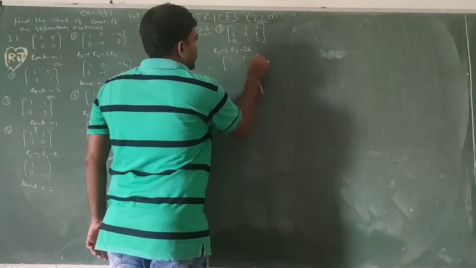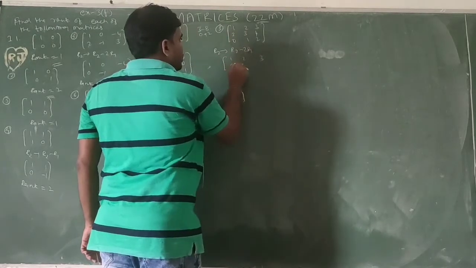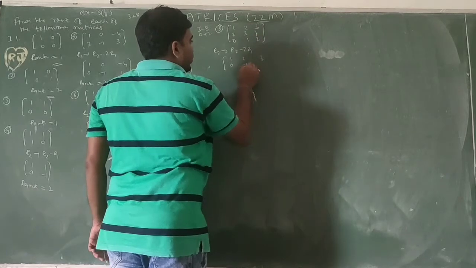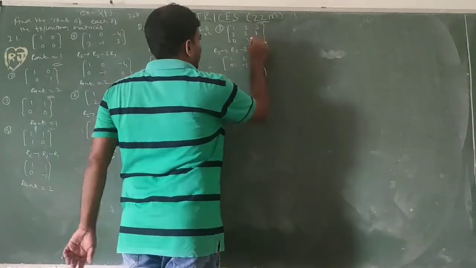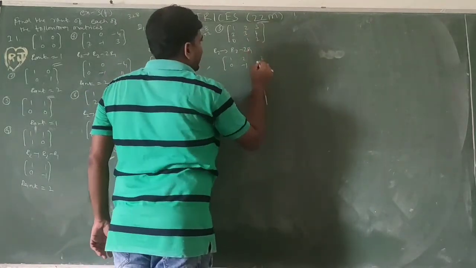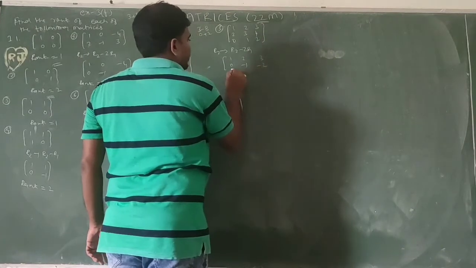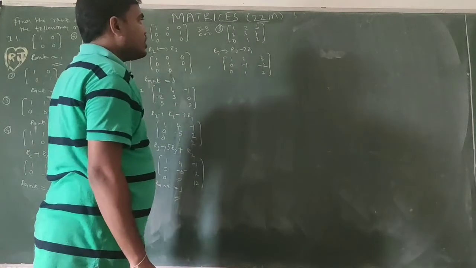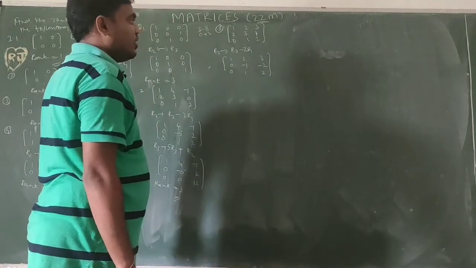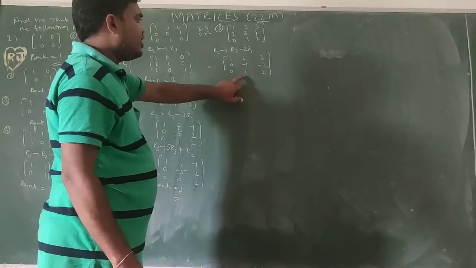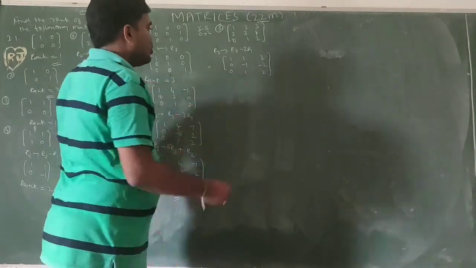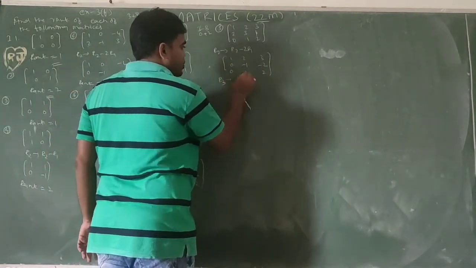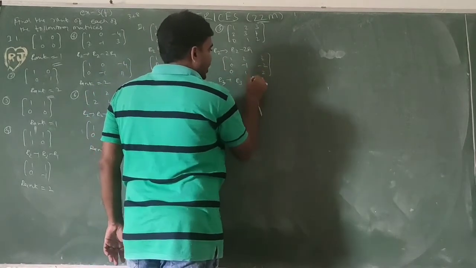So 1 2 3 2 minus 2 0 3 minus 2 into 2 minus 4 3 minus 4 minus 1. This is 4 minus 2 into 3 minus 6 4 minus 6 minus 2 0 1 2. So R2 changes to R2 minus 2R1. Next we need to convert this is equal to 0. This is only 0. We need to convert R3 changes to R3 plus R2.